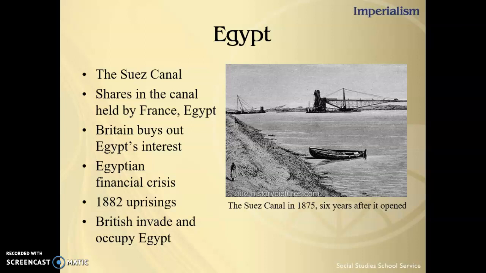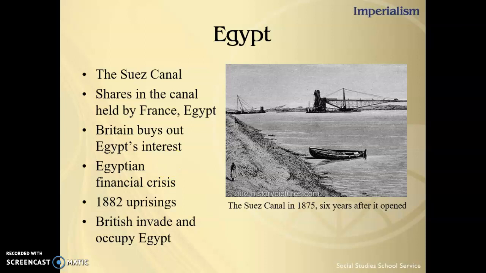Instead of sailing all the way from England around the continent of Africa going toward India, they could go through the Mediterranean, take the canal, and in essence it'd be a quicker route, and it was.